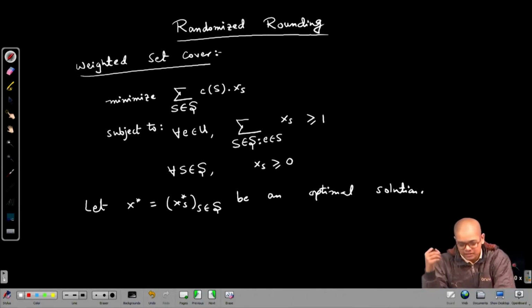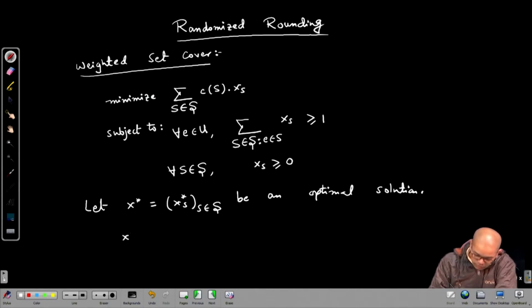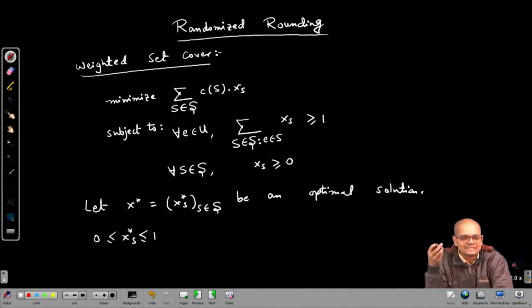Next, the approach is to treat these numbers like probabilities. These are positive numbers, and for an optimal solution, x star S lies between 0 and 1. So treat x star S like probabilities of picking S.